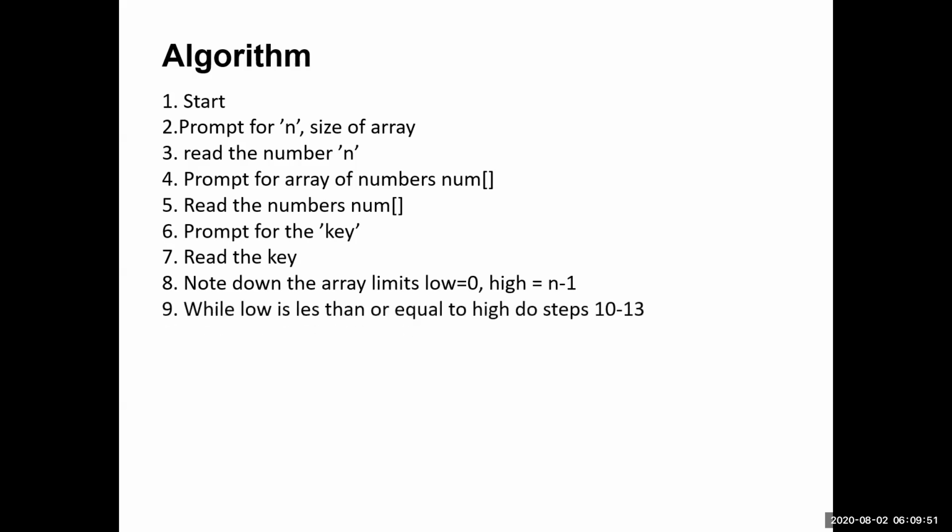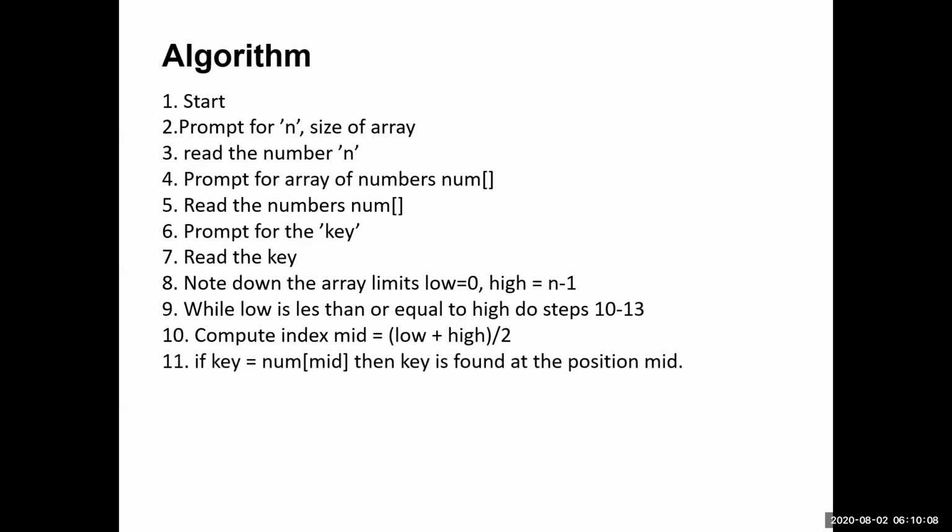And then if the lowest index is less than or equal to the highest index, then do the next 3 steps, that is, steps 10 to 13. Compute the index mid value using the formula low plus high divided by 2. After computing, if key is equal to num of mid, then the key is found and we stop searching.